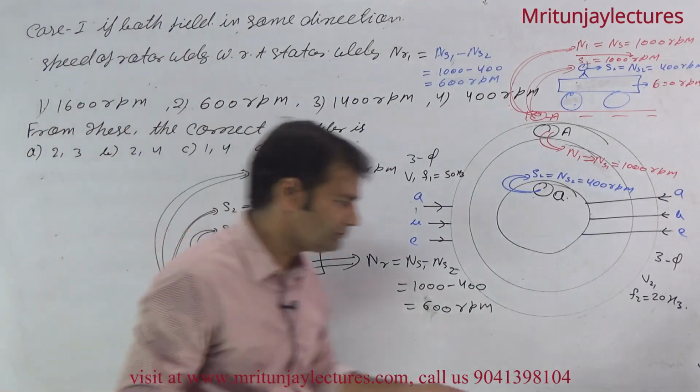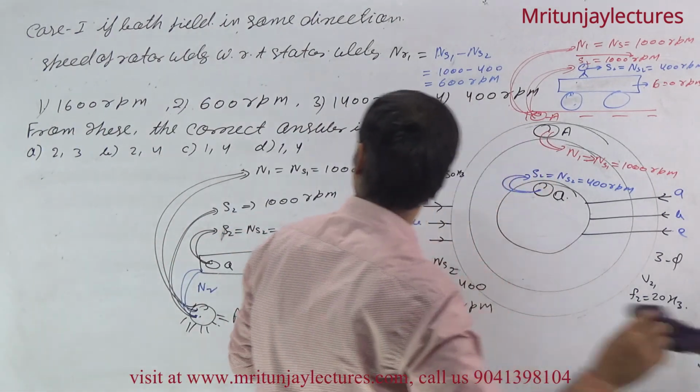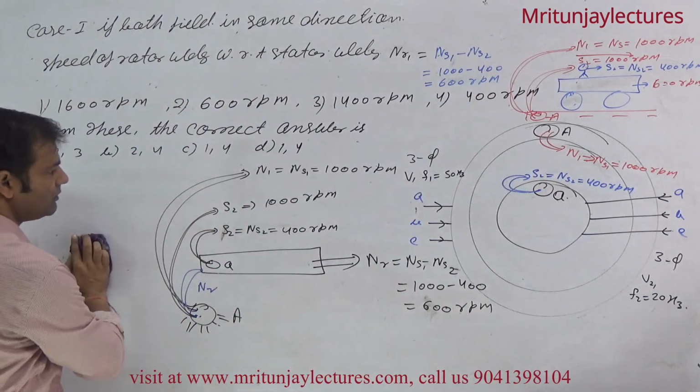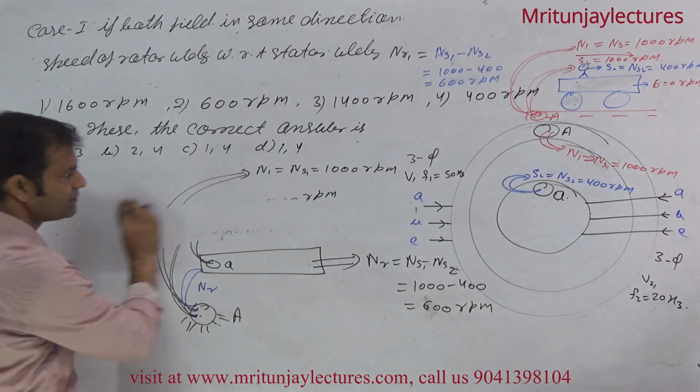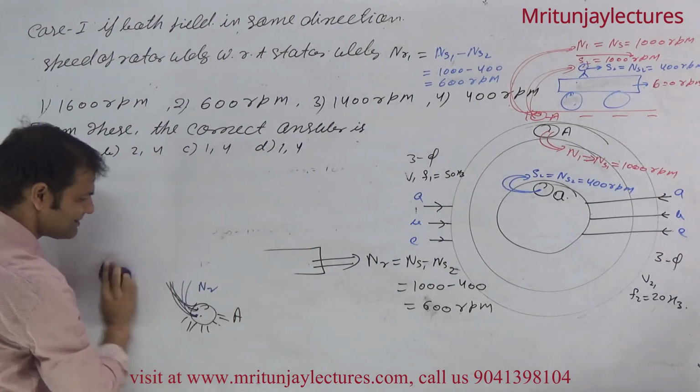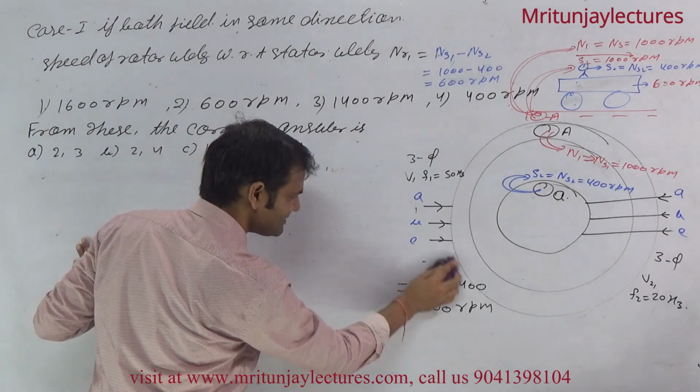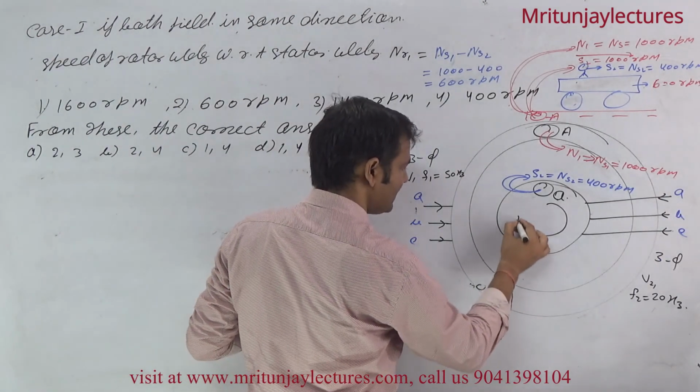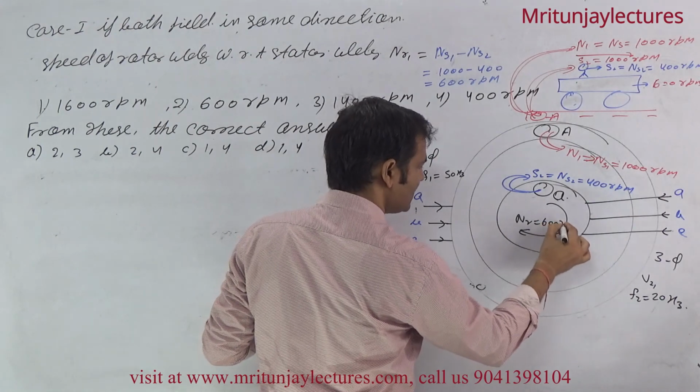Clear? Now another case. First of all, make it so the direction NR is 600 rpm. Clear?